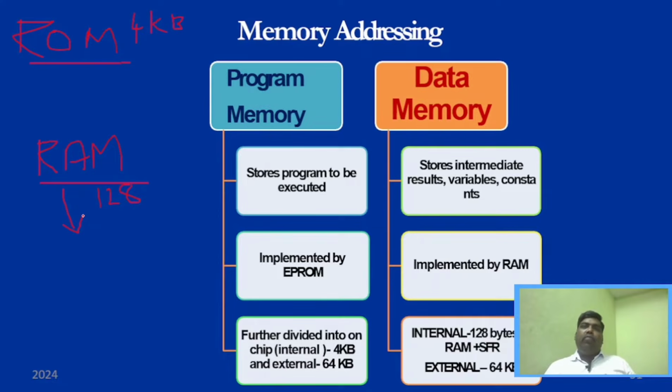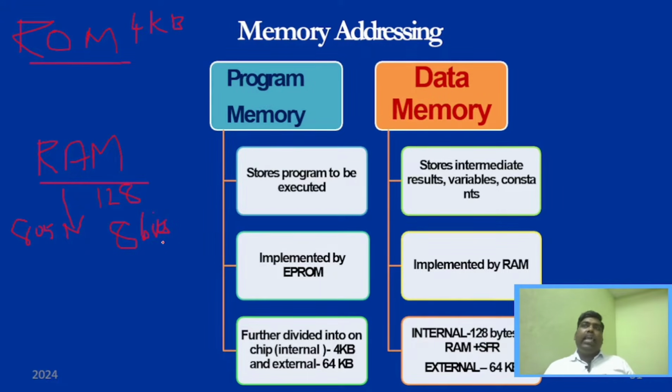Similarly, in 8051 we have 4 kilobytes of internal ROM as well as 128 bytes of internal RAM, and both RAM and ROM can be extended up to 64 kilobytes by using external memory. Apart from it, we know that 8051 is an 8-bit controller, and we use 8 bits to access the memory location.